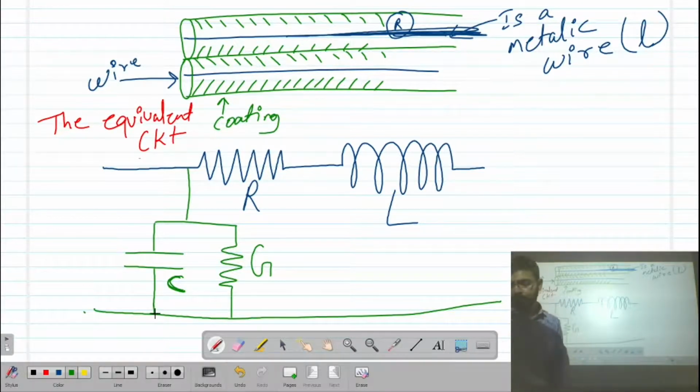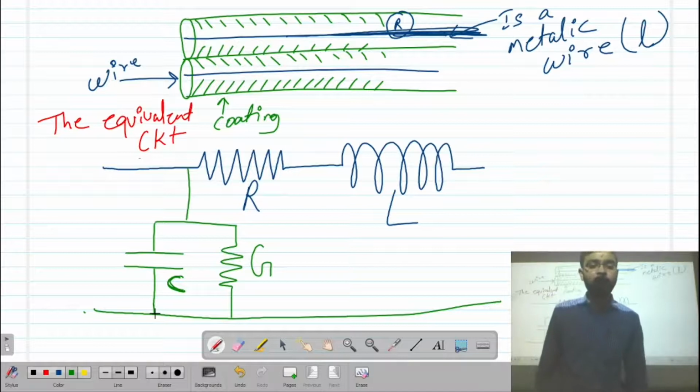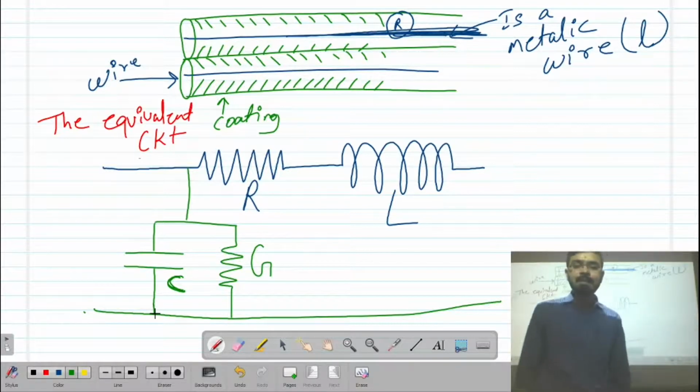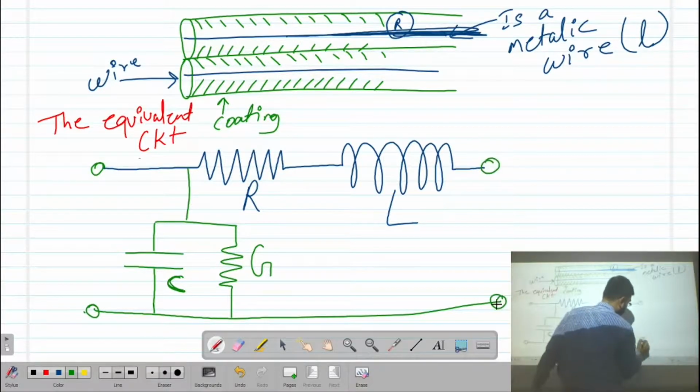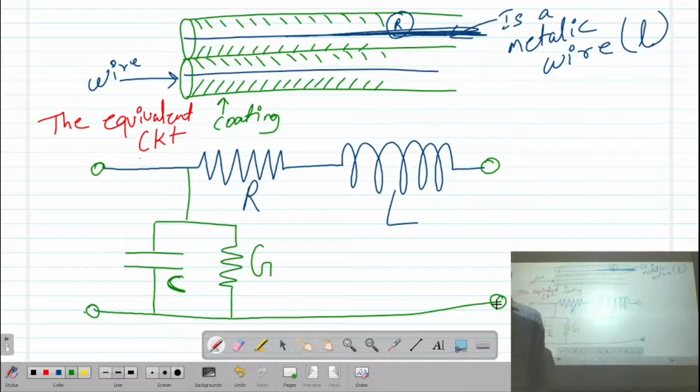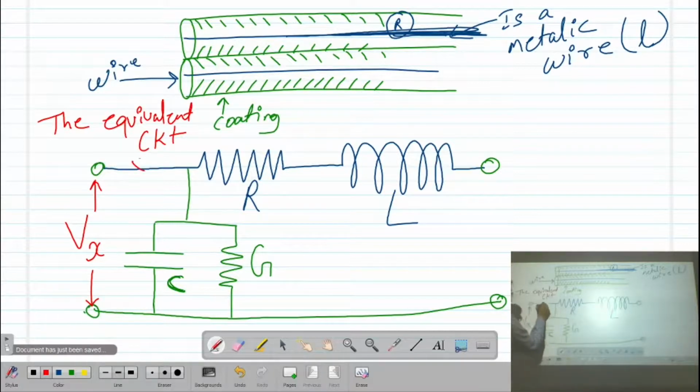So this is nothing but the simplest form of the equivalent circuit. These are inputs, these are outputs, right? In the input we will have V of x, then I of x.